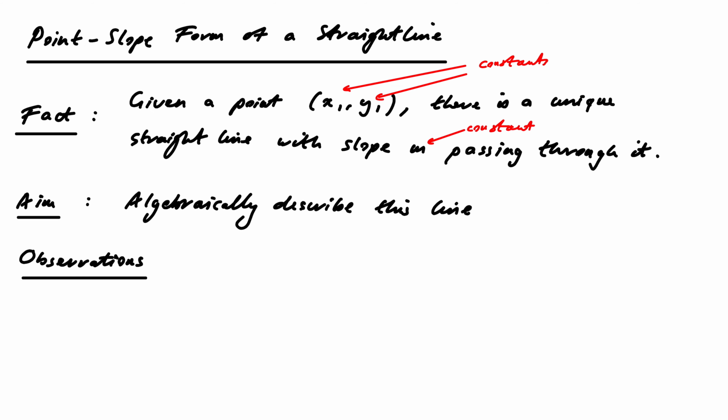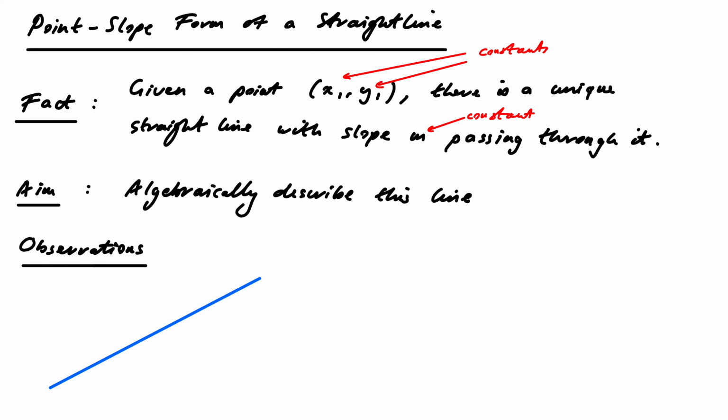Let's imagine taking this straight line, and we're going to label some stuff. So let's imagine my point here, this is x1, y1, and its slope m. Okay, let's take any position on this line, anything at all, and let's label it just x, y. So I want to come up with some sort of relationship between x and y, some equation which guarantees that x and y are on this line.